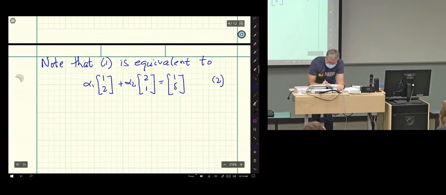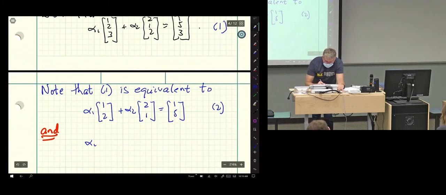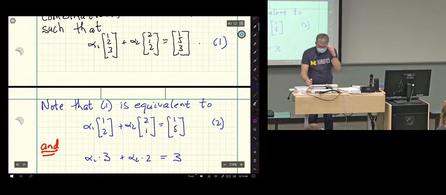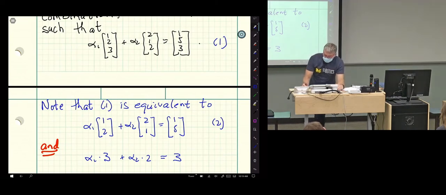And then this is really important, the third equation, which is alpha 1 times 3 plus alpha 2 times 2 is equal to 3. Okay, have I done anything brilliant here?